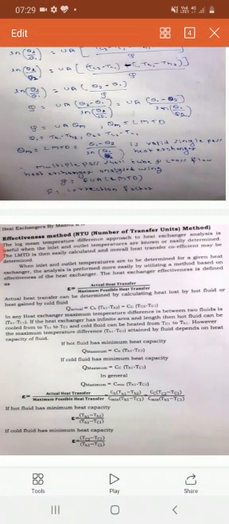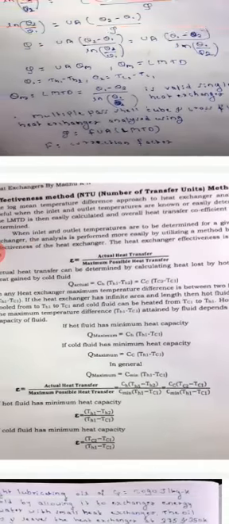We can find the maximum heat capacity of the hot fluid as Ch into bracket Th1 minus Tc1. Similarly, for the cold fluid the maximum is Cc into Th1 minus Tc1. In general, we can write Q maximum is equal to C minimum into bracket Th1 minus Tc1.